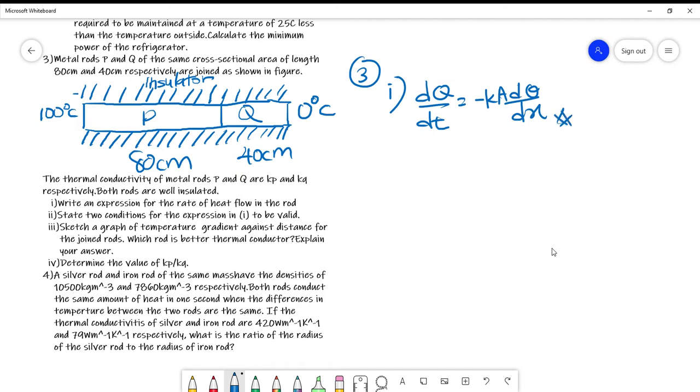State the two conditions for the expression to be valid. So write the expression for the heat flow, and state the conditions of the expression in 1 to be valid. It's similar to question 2. The rod must be perfectly insulated.